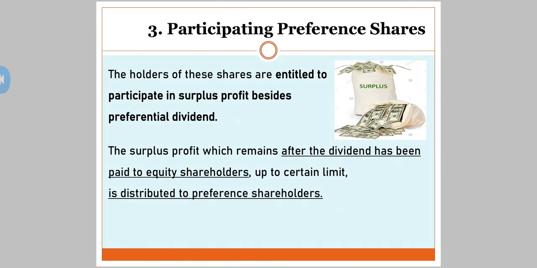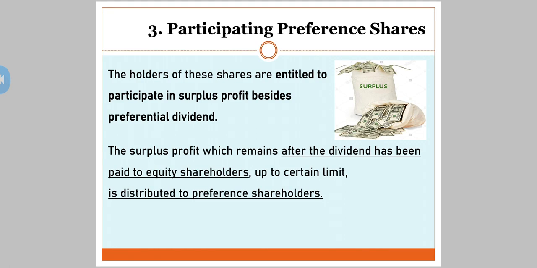Third one you have got is participating preference shares. The holders of these shares are entitled to participate in surplus profit, excess profit, beside preferential dividend.